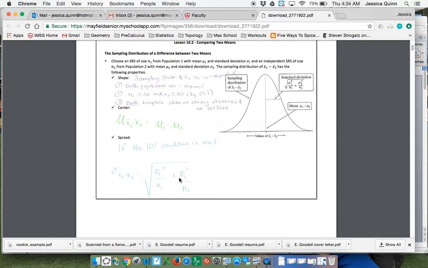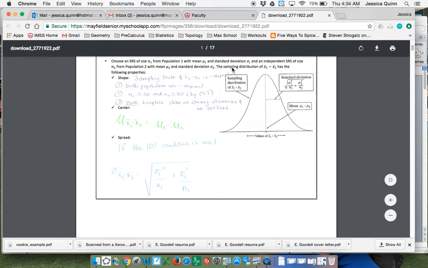So in 10.2, we're talking about comparing two means as opposed to comparing two proportions in the previous section. Just like when we compare two proportions, when we compare two means, we're going to want to choose a simple random sample of size n1 from population 1 with mean mu1 and standard deviation sigma 1.